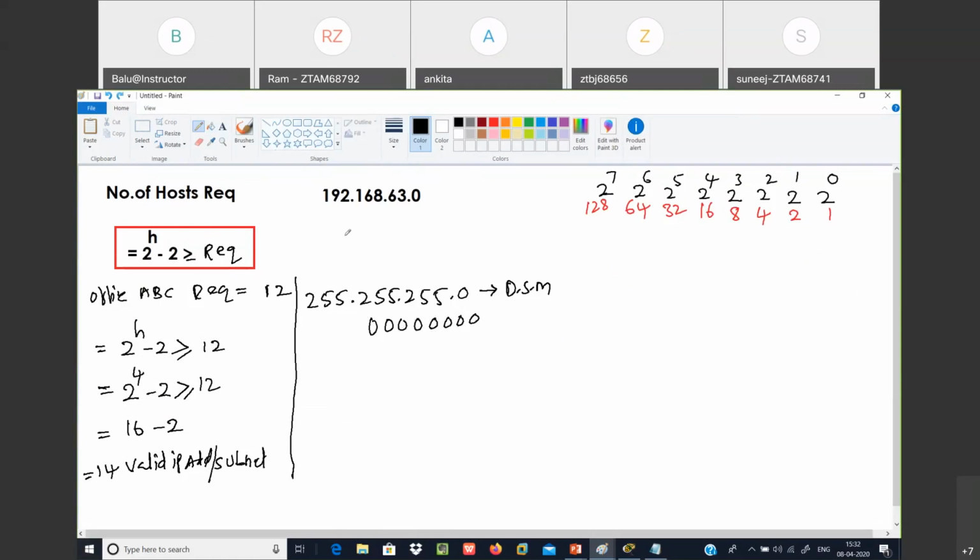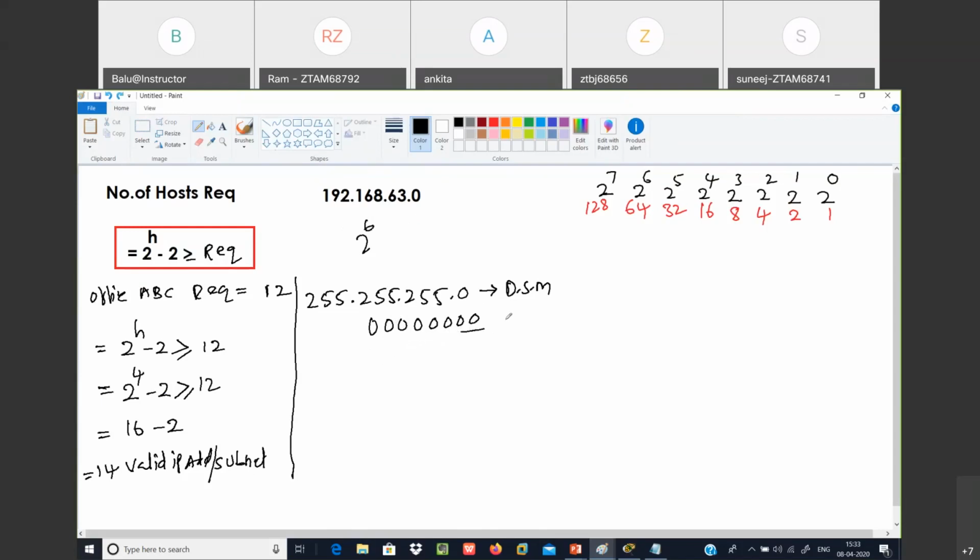Example, 2 power 2 minus 2 is equal to the requirement. What is the power value here? 2. So what do we need to do? Leave the 2 zeros and convert all the remaining. Similarly for 2 power 6: 1, 2, 3, 4, 5, 6, leave the 6 zeros and convert the remaining 2, like this.